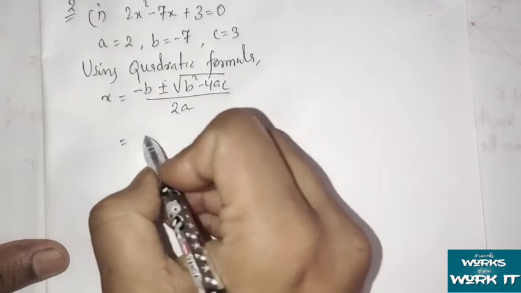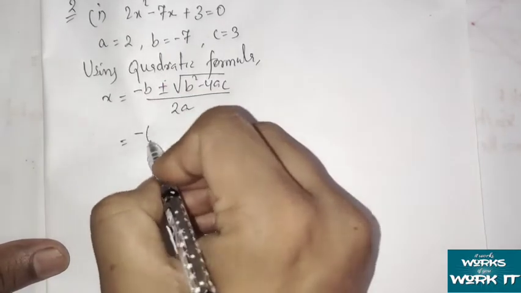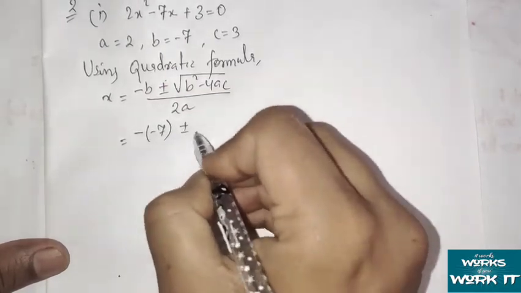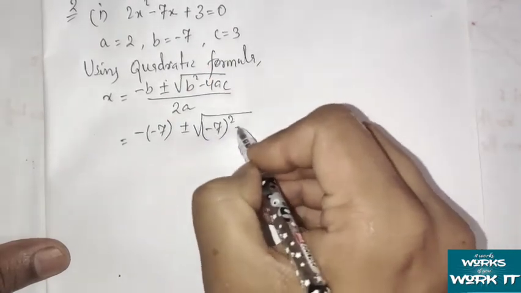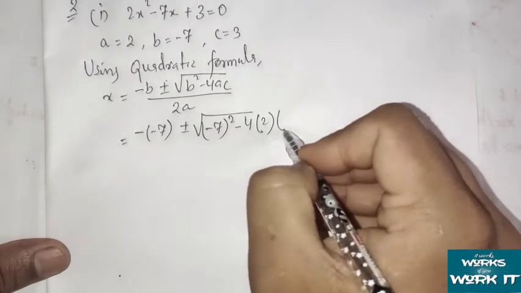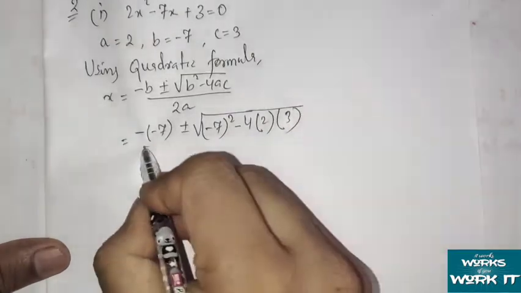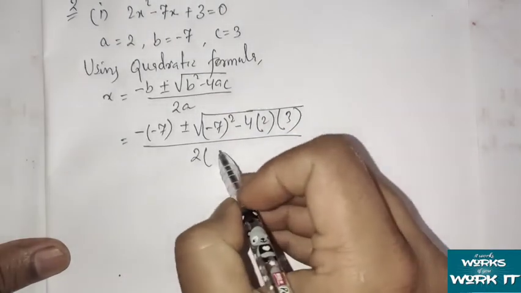Okay, so minus b is how much? Minus 7 plus minus, what is b here? Minus 7, it will be square, minus 4 into a into c, 2 into 2.